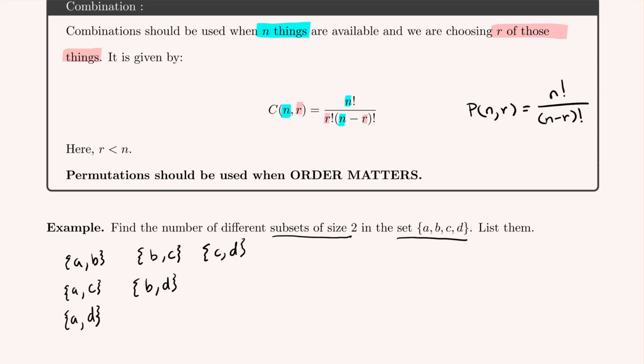Now in our checklist of thinking whether we should use permutation or combination, we first realize order doesn't matter. I naturally can't repeat because the set AA is actually size 1. We wanted subsets of size 2, so they have to have distinct elements. So order doesn't matter. We can't repeat.